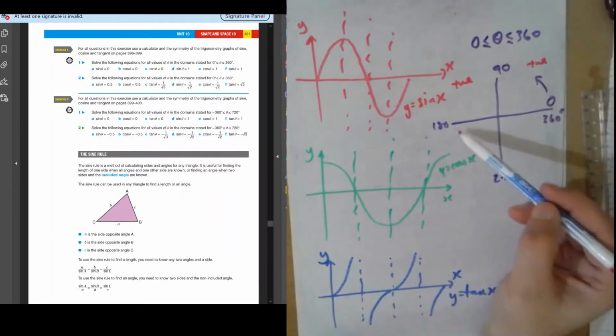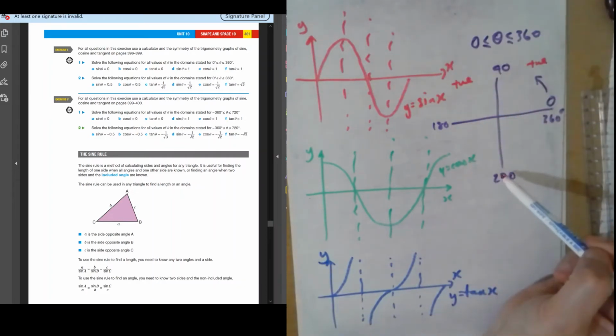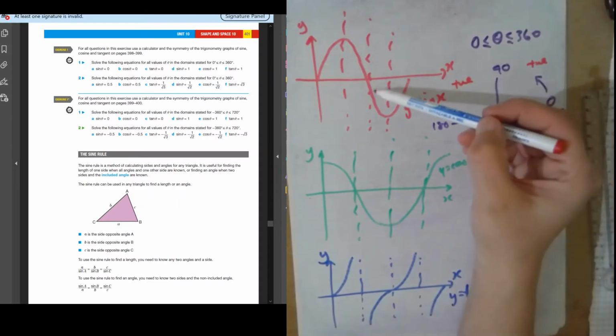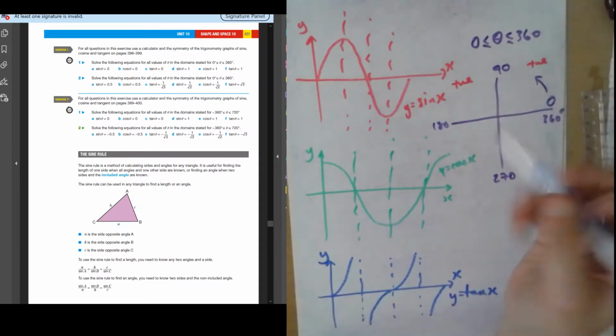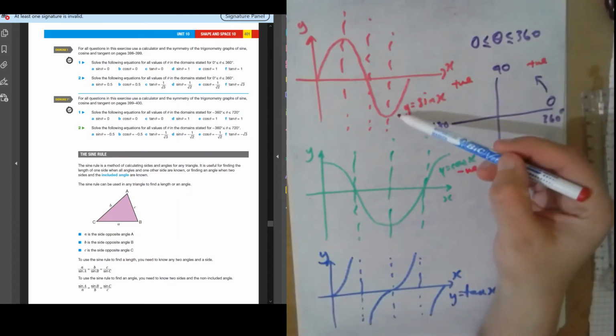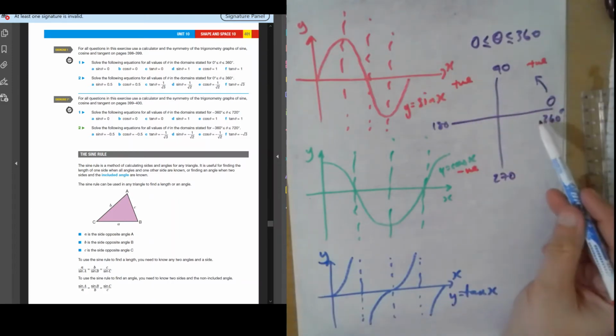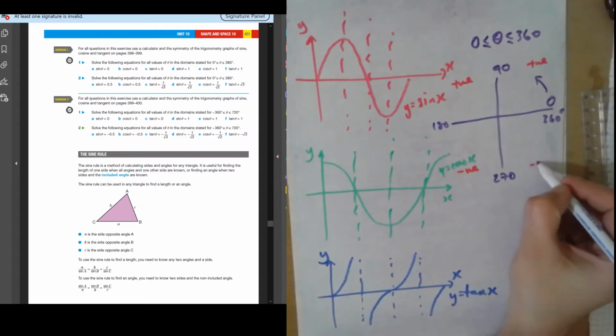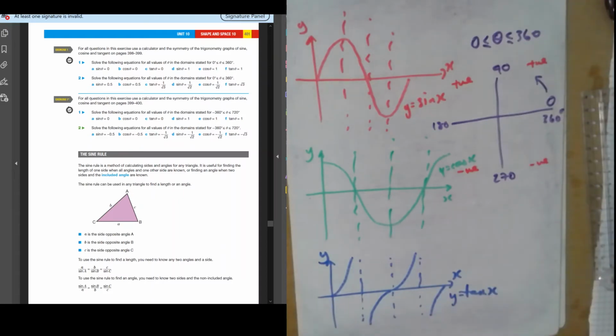For the third quarter, between 180 and 270, you can see that it's negative, so I'm going to put negative. For the fourth quarter, between 270 and 360, it is negative. Then we do the same steps for cosine as well as tangent.